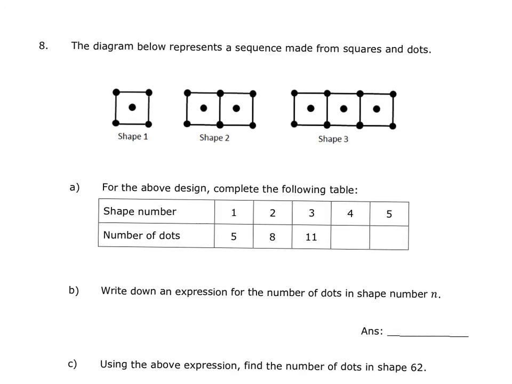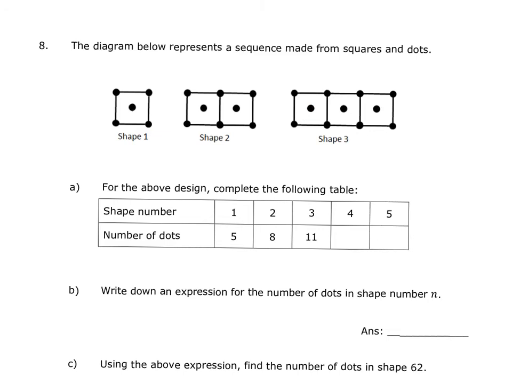The diagram below represents a sequence made from squares and dots. Shape number 1 has 5 dots. Let's check. 1, 2, 3, 4, 5. Yes. Shape 2 has 1, 2, 3, 4, 5, 6, 7, 8 dots. Shape 3 has 1, 2, 3, 4, 5, 6, 7, 8, 9, 10, 11.